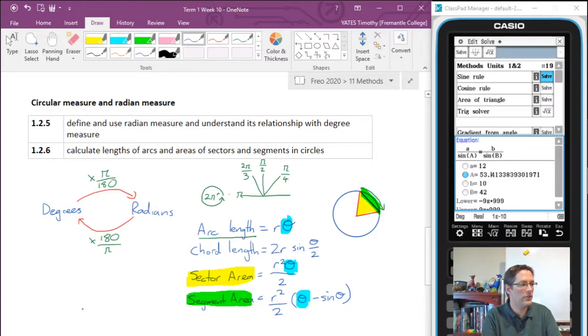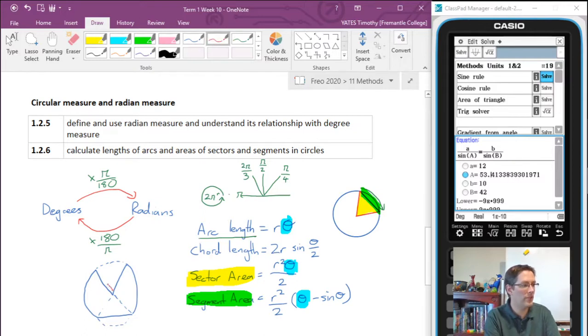But you'll need to be able to do, for example, a shape that looks like this. This will be a circle that's had a section cut out of it and a section cut off the bottom. And you would need to be able to work out the perimeter of this section here.